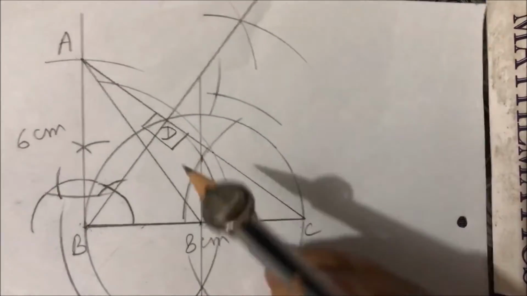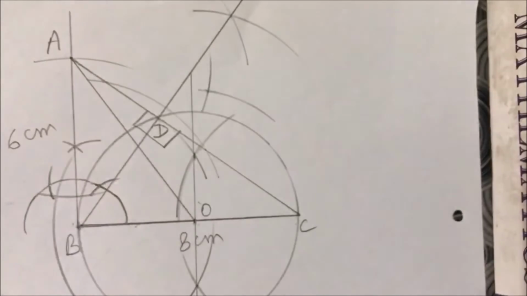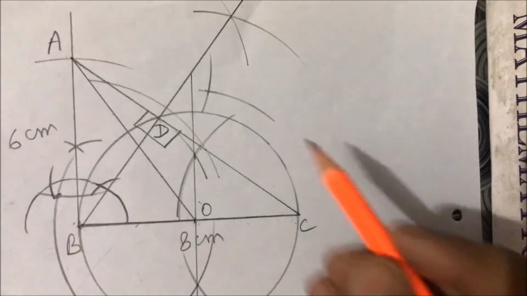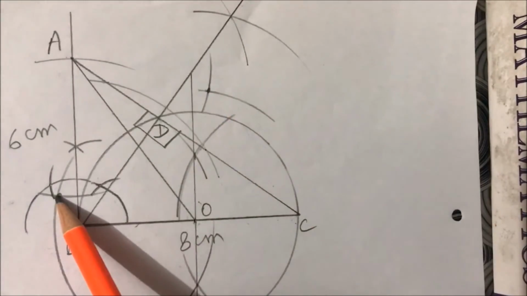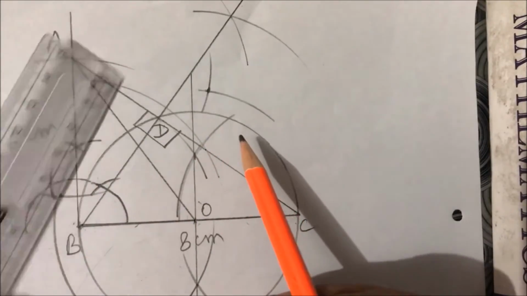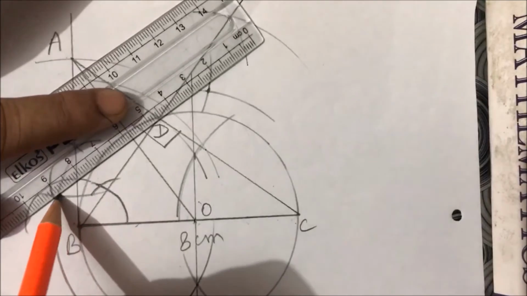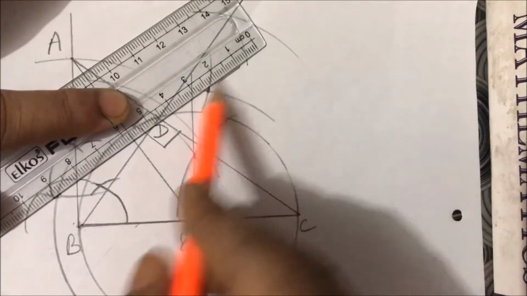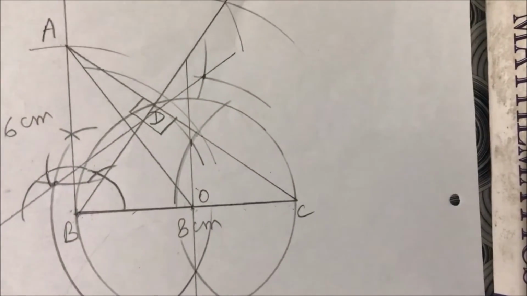So this is the bisector of OA. So you have to join this dot with this. Your bisector is made. Okay.